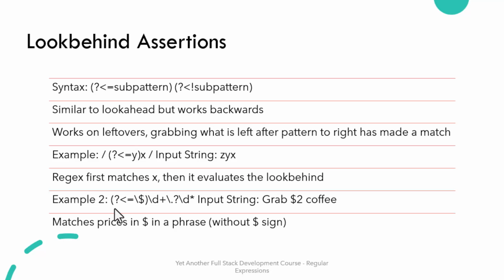So with example two, we have a situation where we have an input string "grab a $2 coffee", and we are trying to find prices in a phrase without the dollar sign. So what are we going to do? We are going to have this regular expression where the look behind assertion is that there exists a dollar sign, and you know that dollar is also an input boundary assertion.